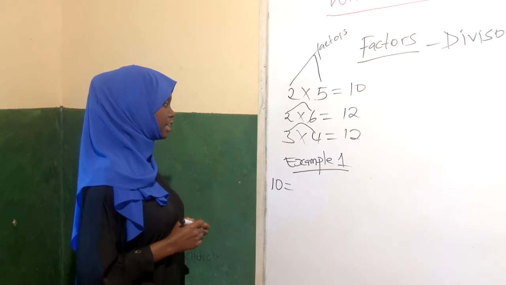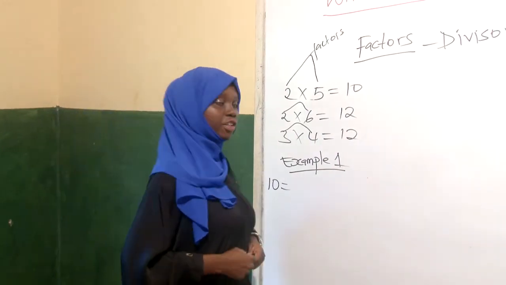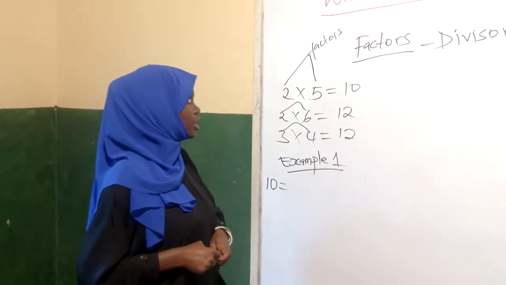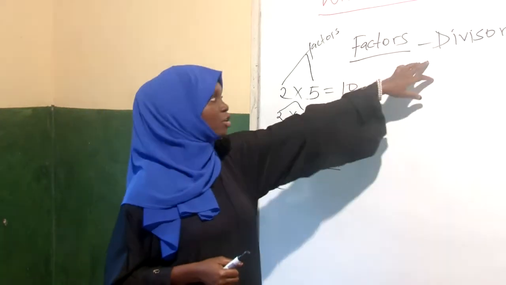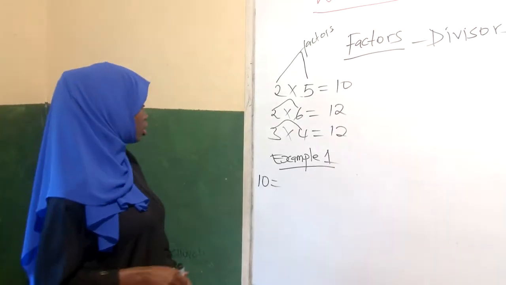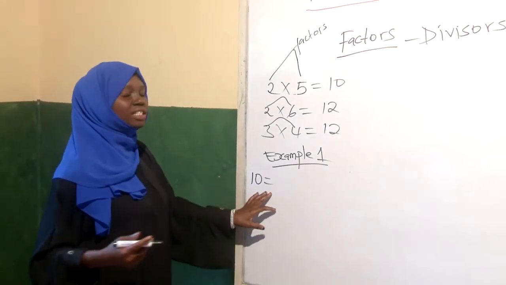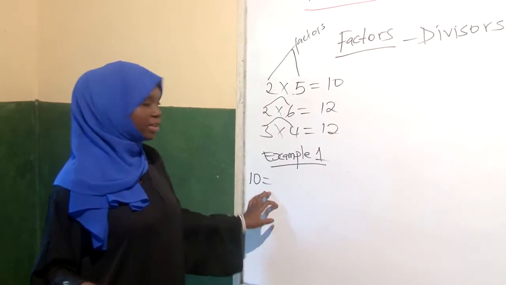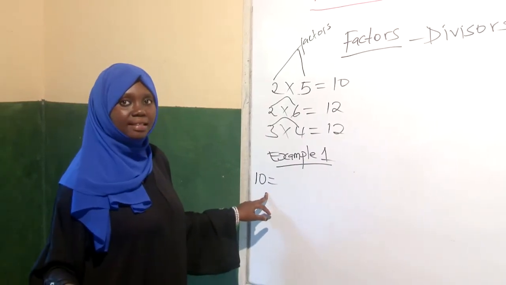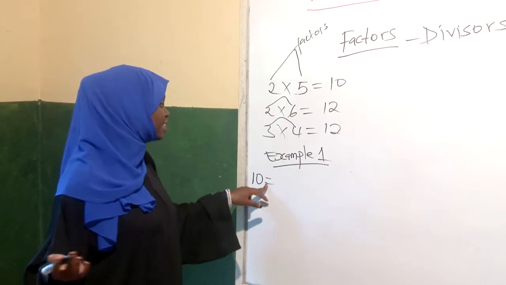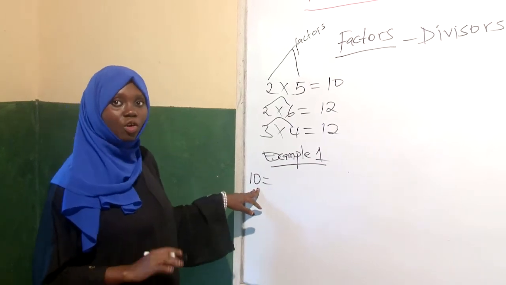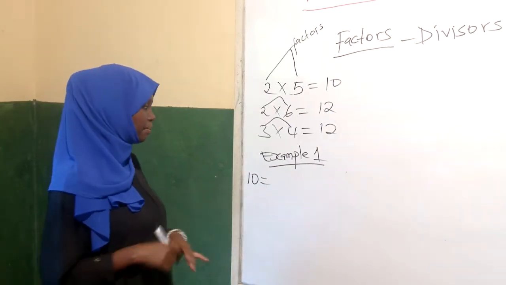We said factors are also called divisors. So we are going to look at which numbers we can multiply to get 10, or which numbers can divide 10 completely without a remainder.